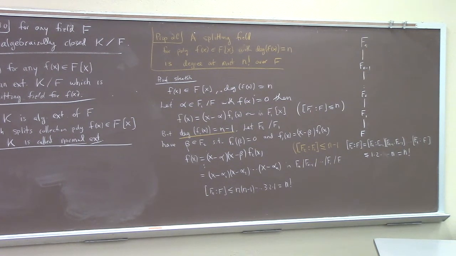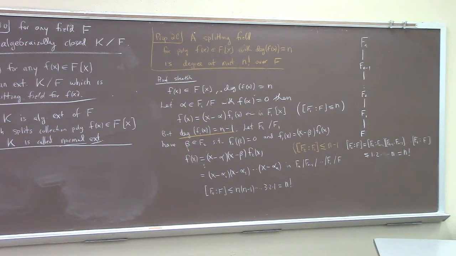If it's linear, we're done. If it's quadratic and it splits, we're done. If it's quadratic and it's irreducible, you've got an element... let's see here. I'm still not getting at it. Are you talking about what you found?